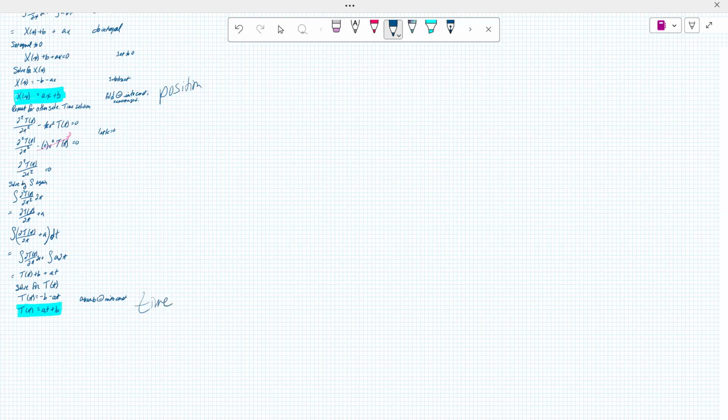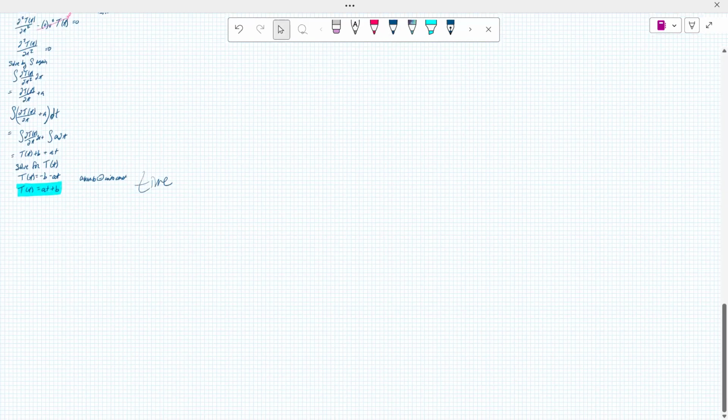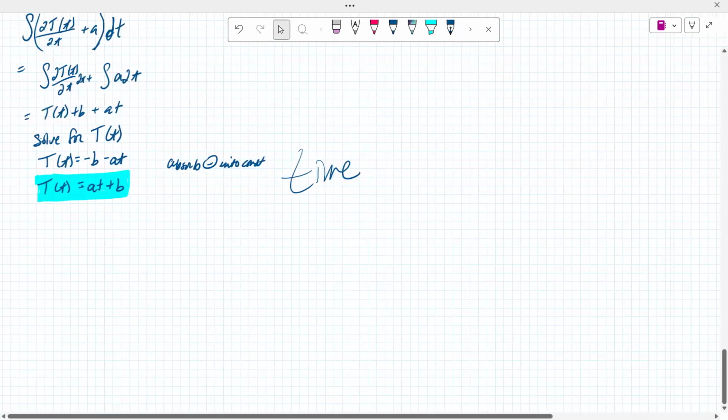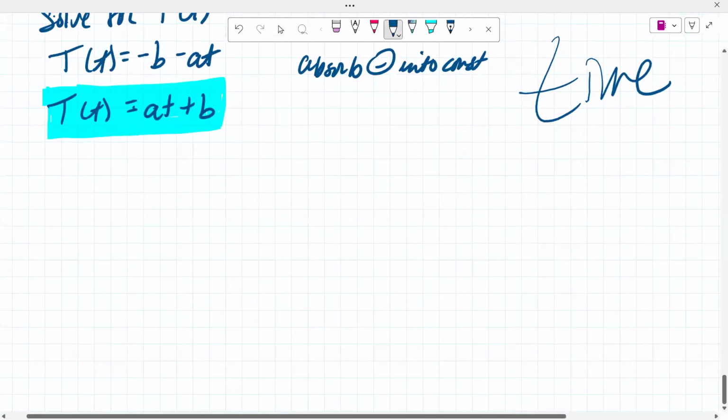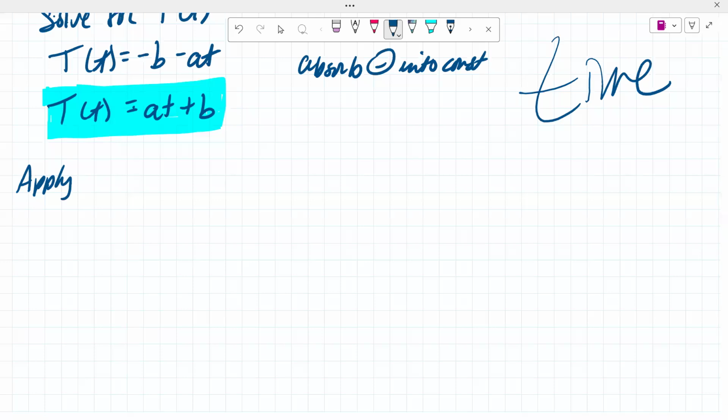So we have these two solutions. Now, just like we did last time, we could apply the boundary conditions to determine the values of the integration constants. That's the next thing we would want to do.